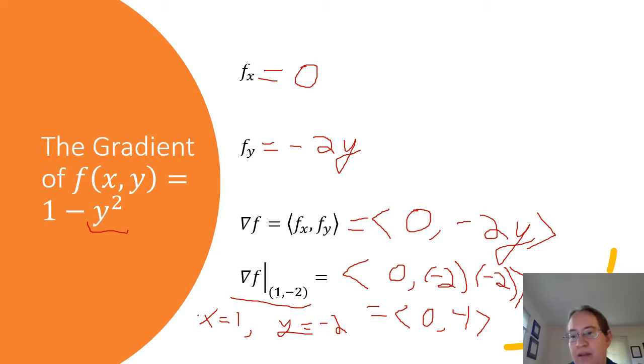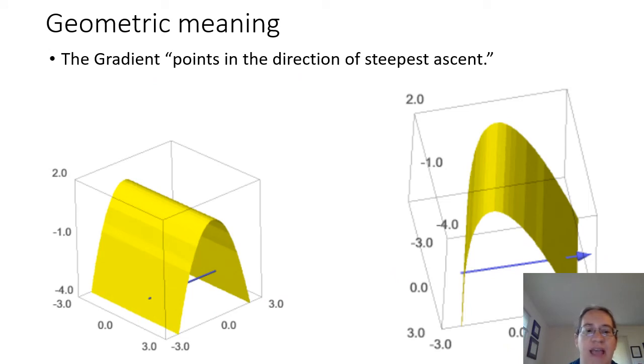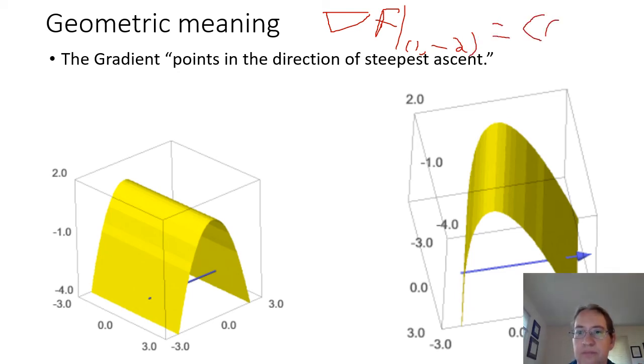Now, gradient does have a really important geometric meaning, namely it, quote, points in the direction of the steepest descent. So we just were working on what's the gradient of f at 1, comma, minus 2, and we figured out that it was 0, comma 4.